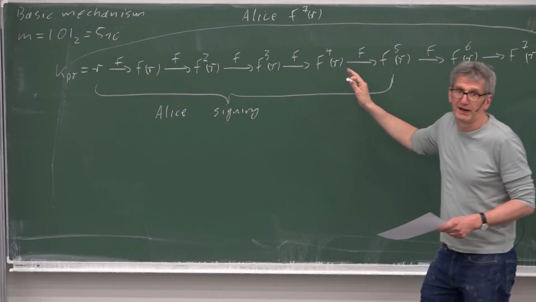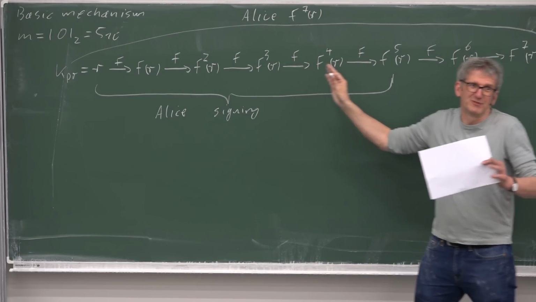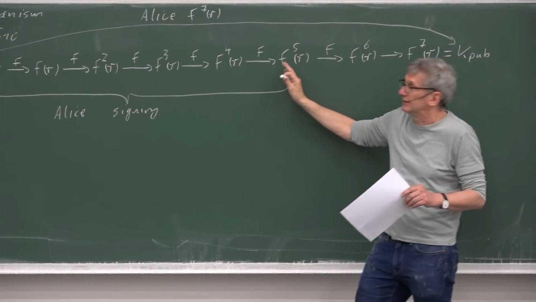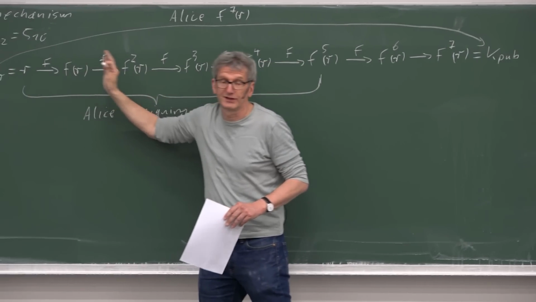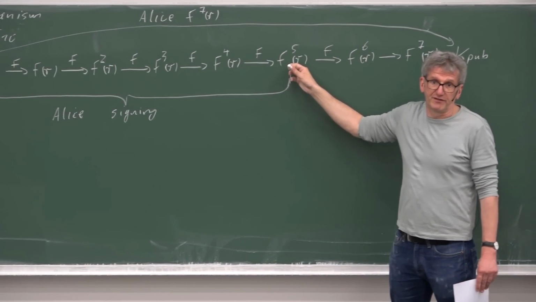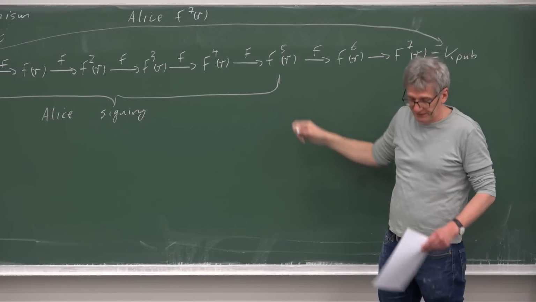The signing part is kind of, we don't stop in between, but this intermediate value here, Alice computes 1, 2, 3, 4, 5, 7 times this. Whatever she computed after the 5th time becomes the signature here.